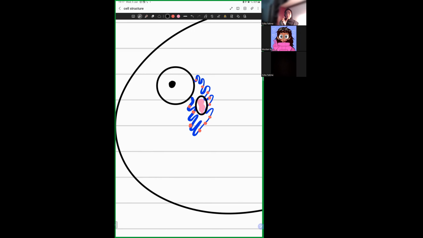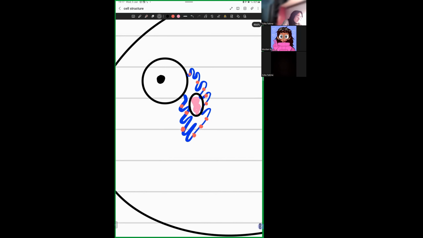It packages that protein within a proper boundary, and then, let me properly draw it out. So now it has packaged it into a vesicle, and this vesicle would be transported to something else.